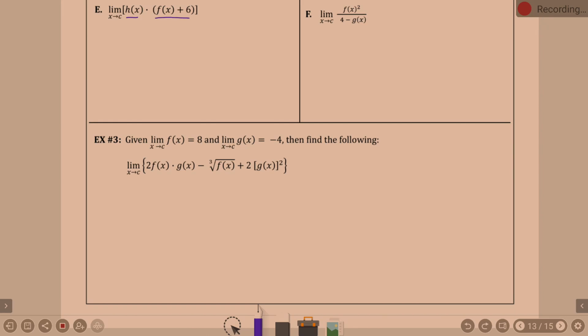So it's the limit as x approaches c of h of x, times the limit of f of x plus the limit of 6. So the limit as x approaches c of f of x plus the limit as x approaches c of 6.